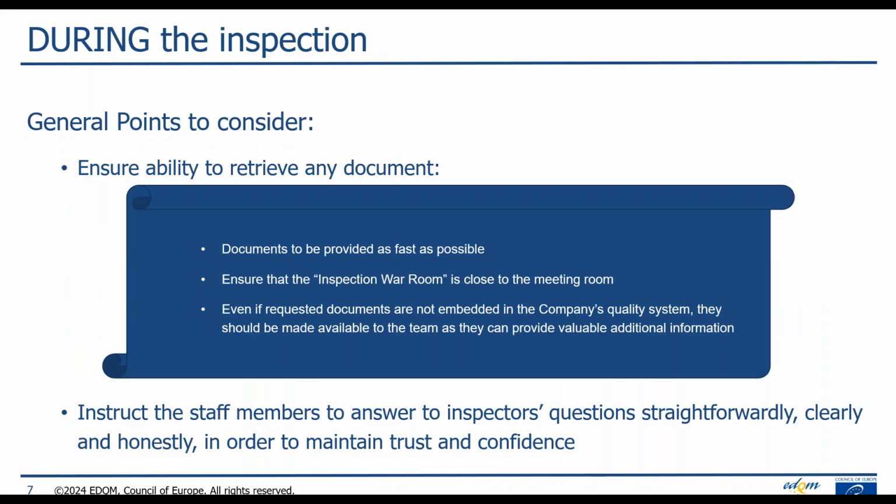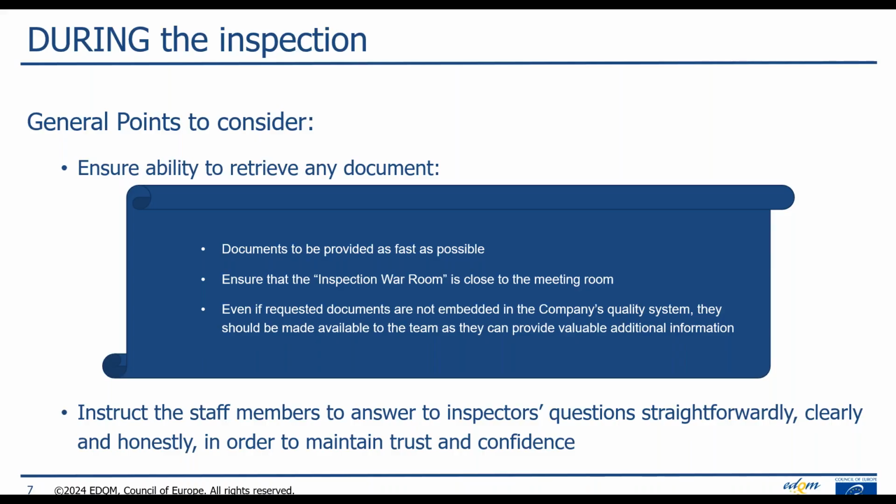During the inspection, some general points to consider. I will be very brief because Oshin touched on this topic a little bit more in depth. It's very important: three days for a regular inspection, one API, non-sterile, is not much time.